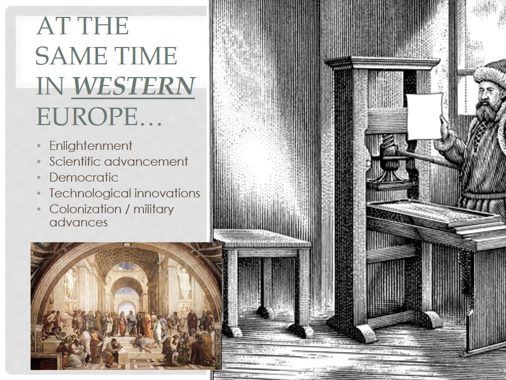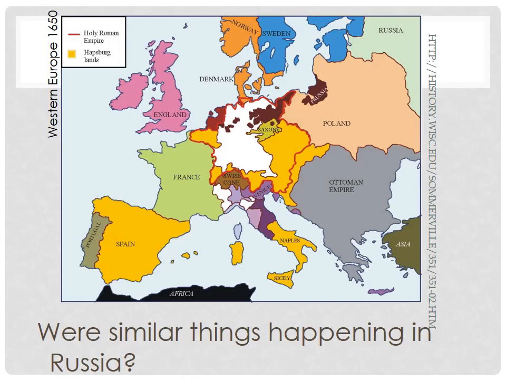And they are colonizing rapidly the rest of the world and advancing their military technology as a result, growing their soldier force, growing their navy and weapons so that they can continue this conquest and this colonization. Again, this is Western Europe.